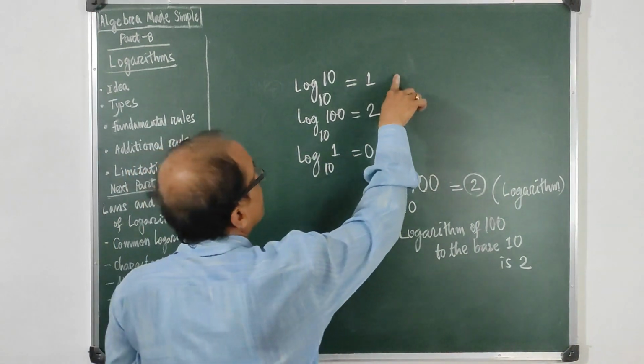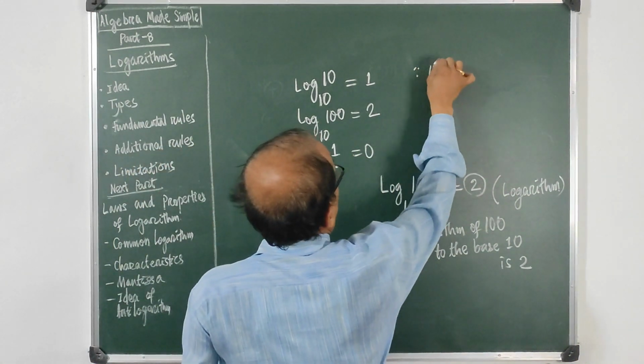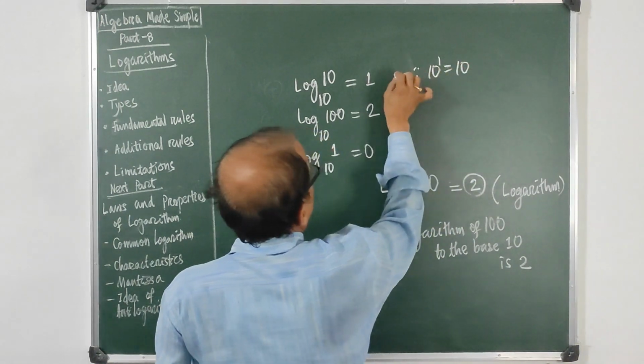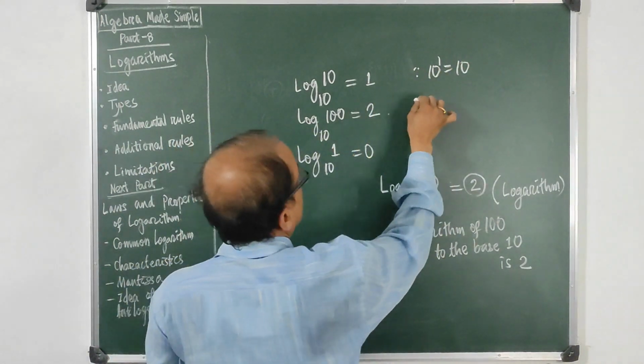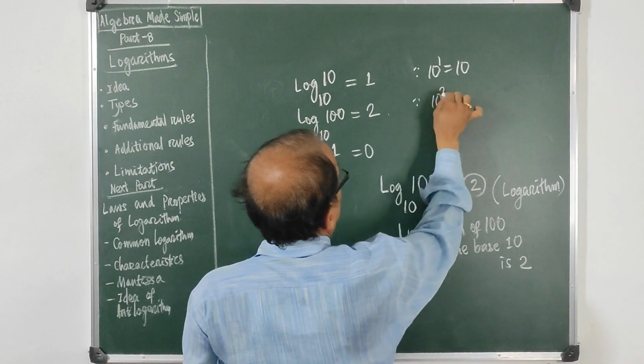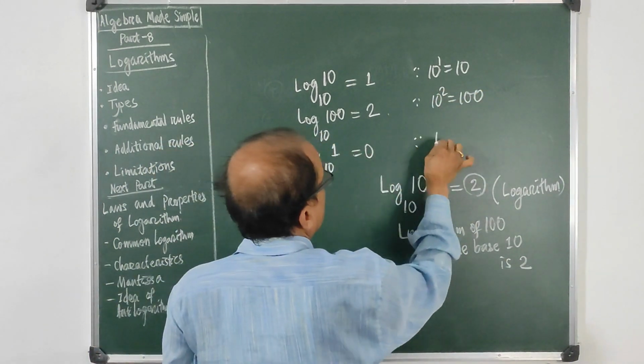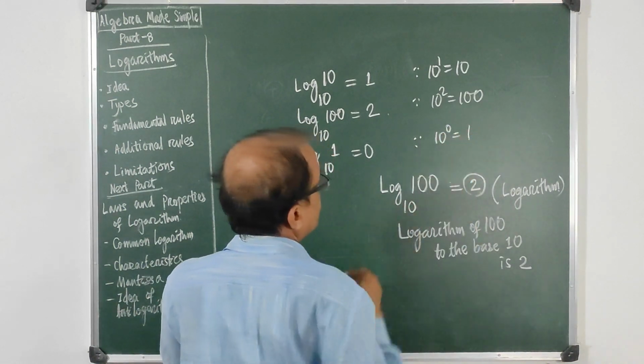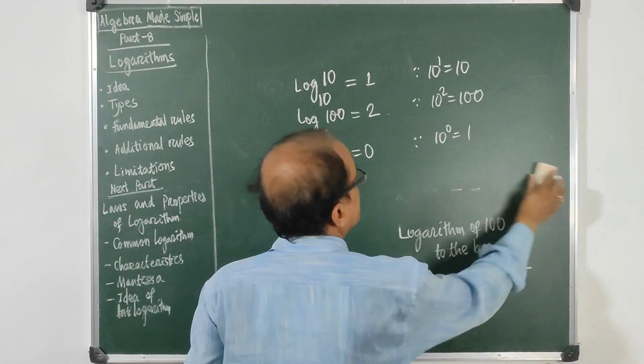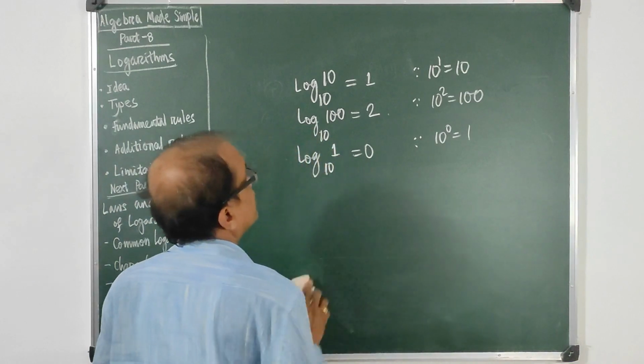Why? Because 10 to the power 1 is 10, 10 square is 100, and 10 to the power 0 is 1. So we are just reversing the statement in the indices.